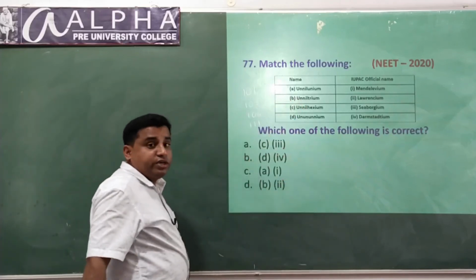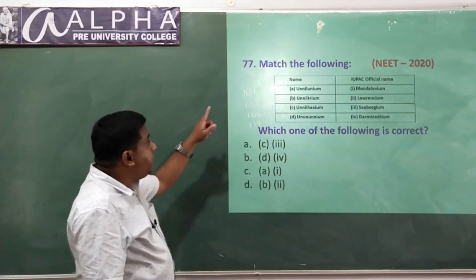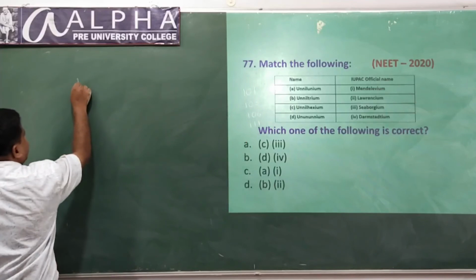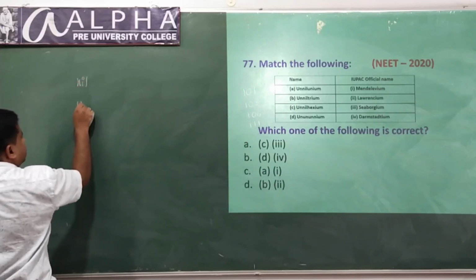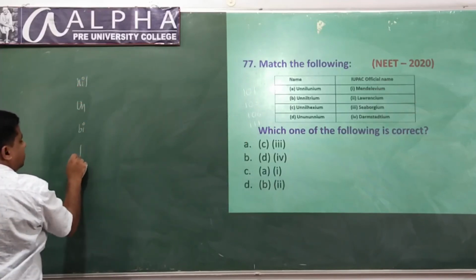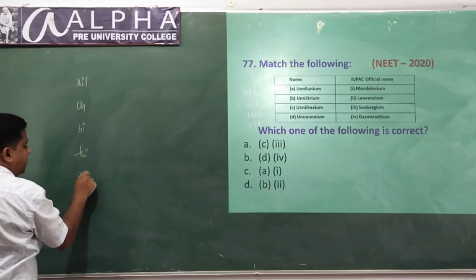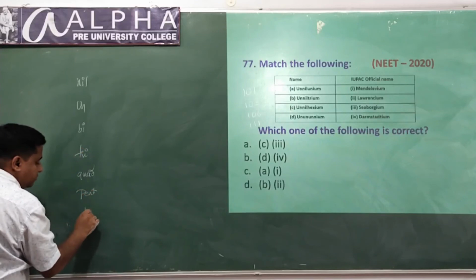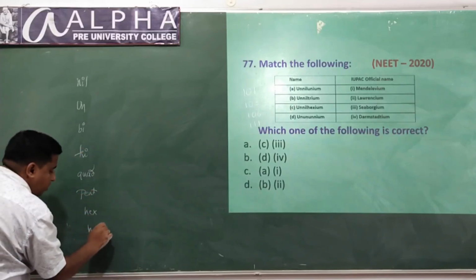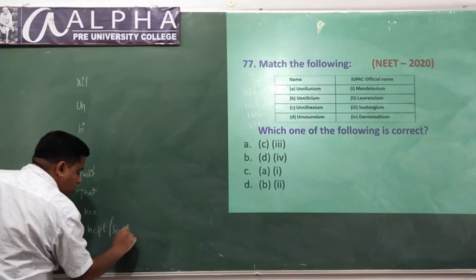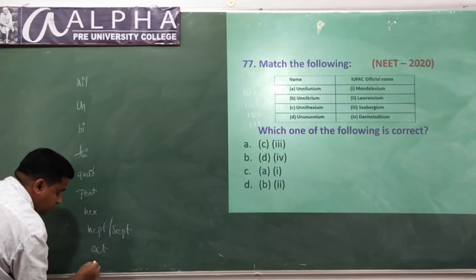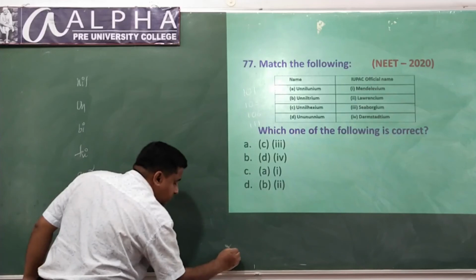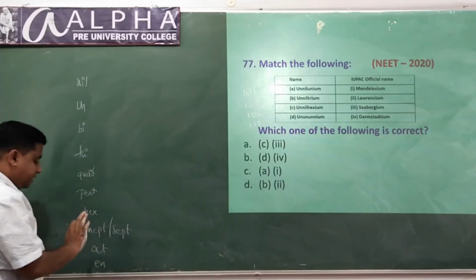A very recent question, NEET 2020. Un, nil, unium. Remember this table? Nil, un, bi, tri, quad, pent, hex, hept, or it is also called sept, oct, non or n, and dec. We don't have dec, at least this n.